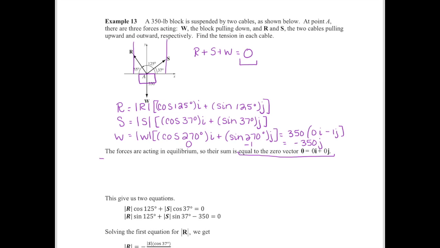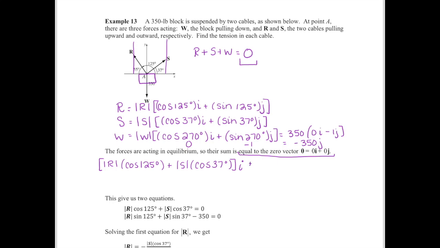That will then give us our R values plus our S values I, combining like terms when I'm starting to add these values together.